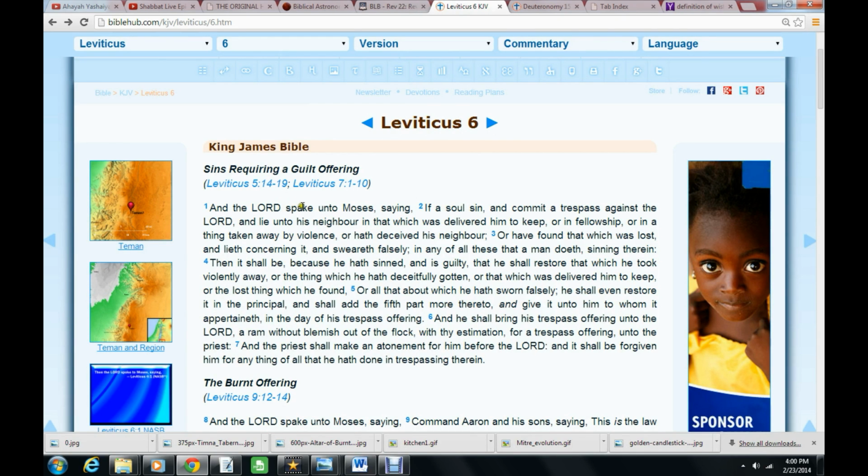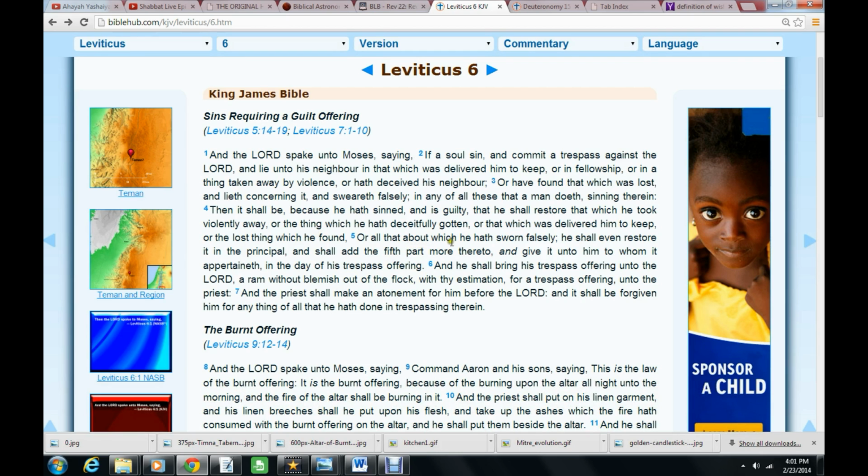And the Most High spoke unto Moses, saying, if a soul sin and commit a trespass against the Most High Spirit, and lie unto his neighbor in that which was delivered him to keep, or in fellowship, or in a thing taken away by violence, or hath deceived his neighbor, or have found that which was lost, and lieth concerning it, and sweareth falsely, and any of all these that a man doeth, sinning therein, then it shall be, because he hath sinned, and is guilty, that he shall restore that which he took violently away, or the thing which he hath deceitfully gotten, or that which was delivered him to keep, or the lost thing which he found, or all that about which he had sworn falsely.